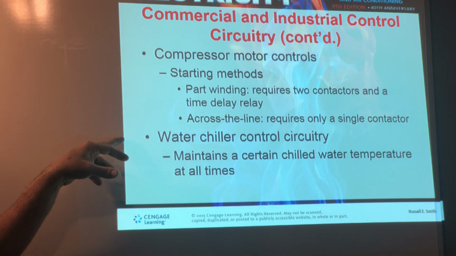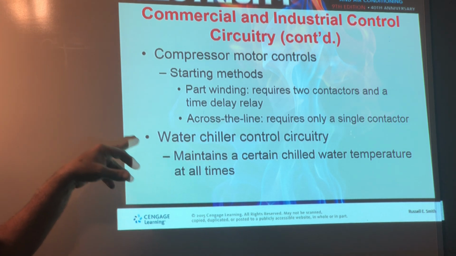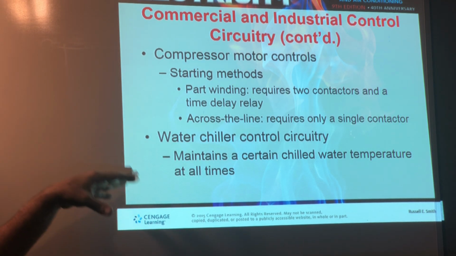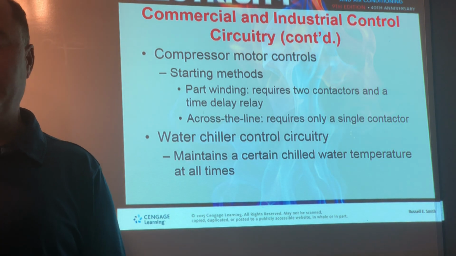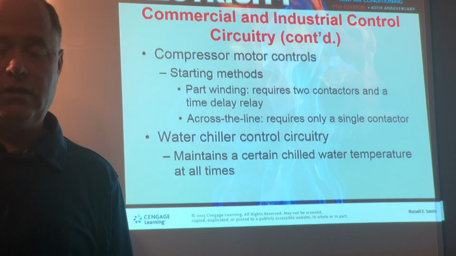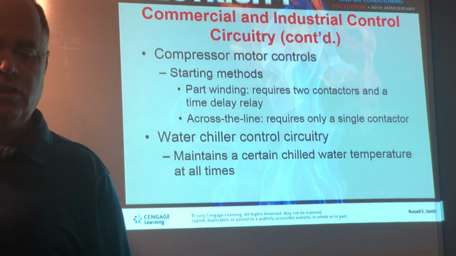And then we've gotten very advanced digital controls, which we're going to talk about for water chillers, to control the circuitry. We want to do certain things like make sure that we have the chilled water pump running before we start the compressor to make chilled water, so we don't freeze up the chiller barrel.